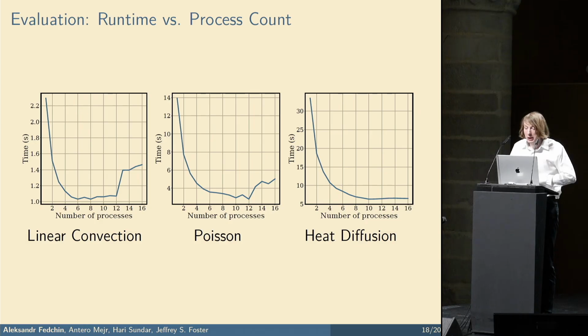A little bit about evaluation. We've actually compiled all of the code that we wrote to Python and run it with different numbers of processes. Here, for each of the three benchmarks, you can see a graph that shows the running time as a function of the number of processes, and you can see that it goes down. The first point here is the sequential version, and then all the subsequent points are the MPI version with different numbers of processes.